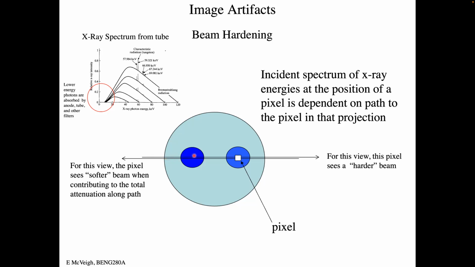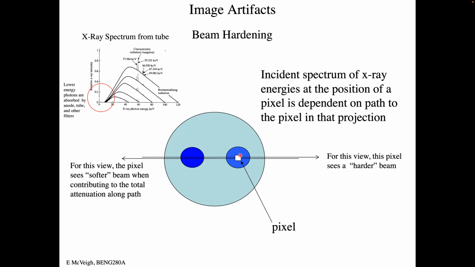As it moves through the object, this curve tends to drop on this side. So the lower energy photons drop out and the high energy photons are still available. So when the X-ray beam hits this object, it is not the same incident energy density of photons that hit the object out here, right?